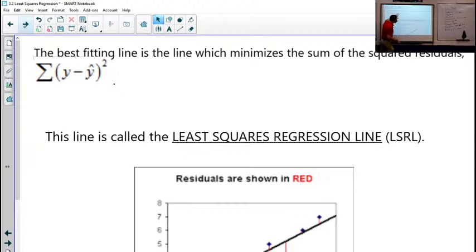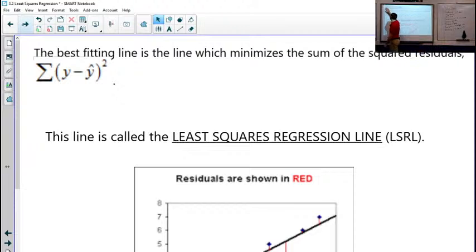Minimizing how far off these predictions are is the goal of the line of best fit. And the line that does that is our least squares regression line. Are we going to painstakingly go through and trial and error by hand? No, the calculator is going to do it for us.